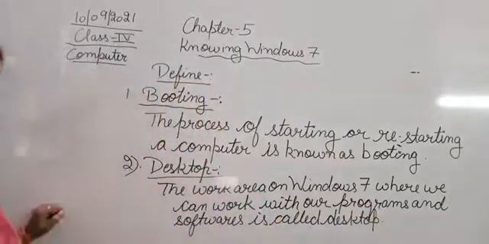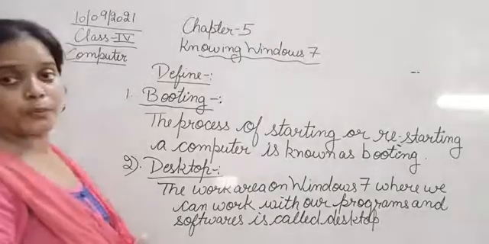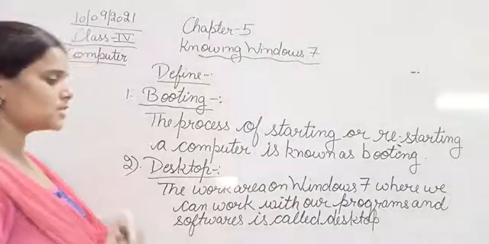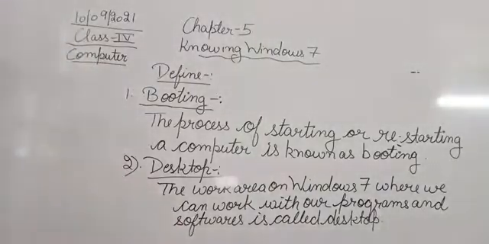So the work area on Windows 7 where we can work with our programs and softwares is known as desktop. Okay, so this is desktop.